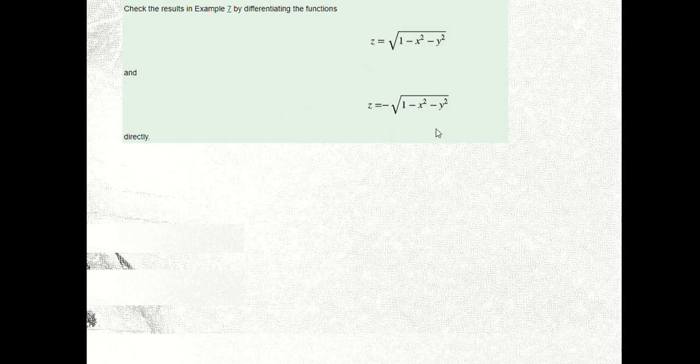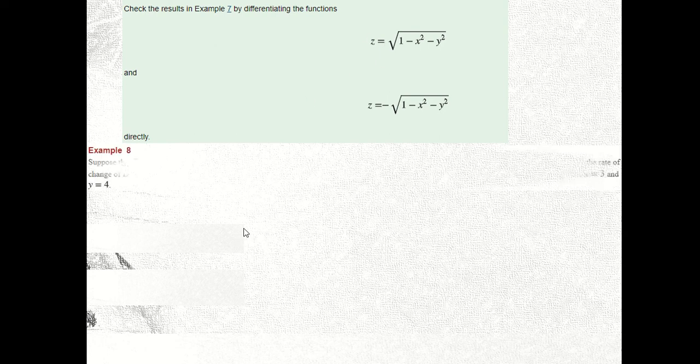I will not do that here. So for your practice, you may verify our previous answer using this equation and then take the derivative of this function with respect to x and y, holding the other variable as constant. Please kindly verify our answer using another way of doing it.